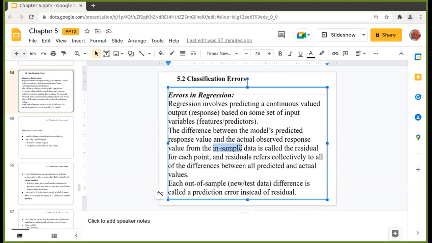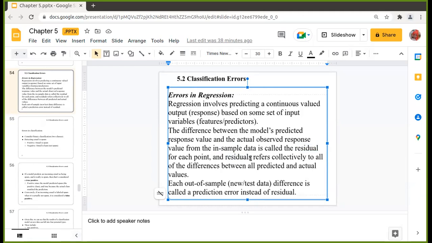Whatever my training data is, suppose in case of training data we are having input as well as the output. Okay, so if I'm having a set of inputs and I'm predicting some values, and that value differs from the actual value, then that will be called a residual. So residual is used for each data point, and when we refer to residuals collectively, it means all the differences between predicted and actual values over the training sample data.